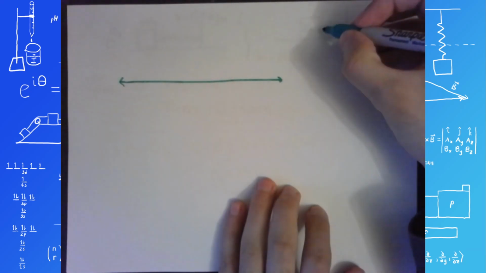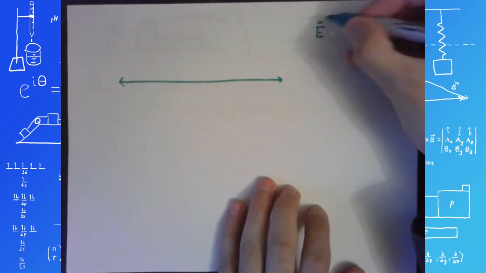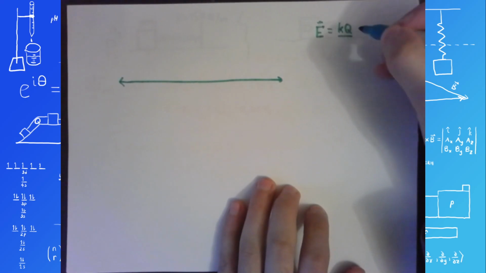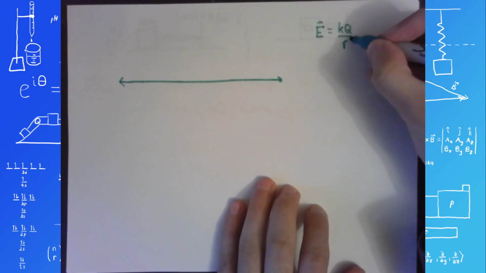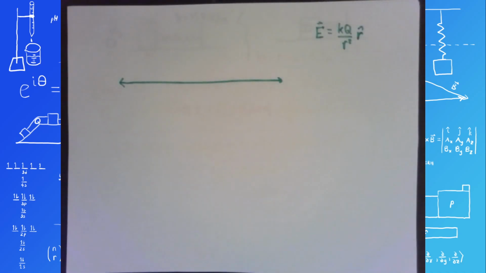Okay, so electric field, at least for a point charge, is K times the charge over R squared, times R hat, which is just a unit vector in the direction outward from the charge.